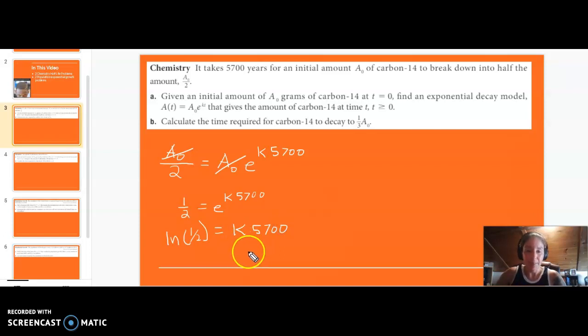I need K by itself, so I'm going to divide both sides. We'll have ln of 1/2 divided by 5,700, and K will equal a very, very teeny, minuscule number here.